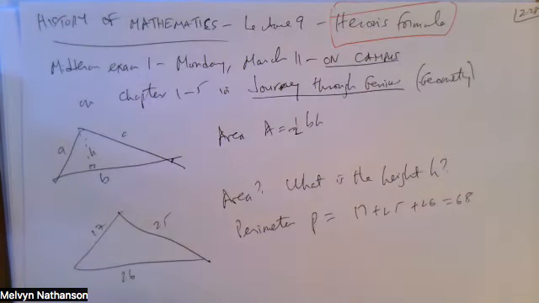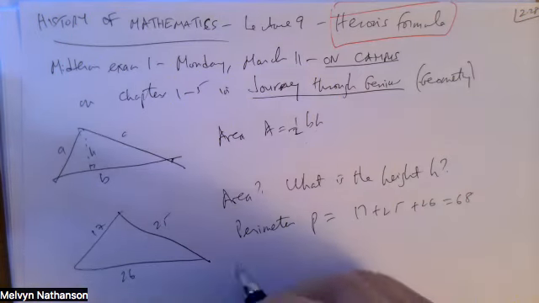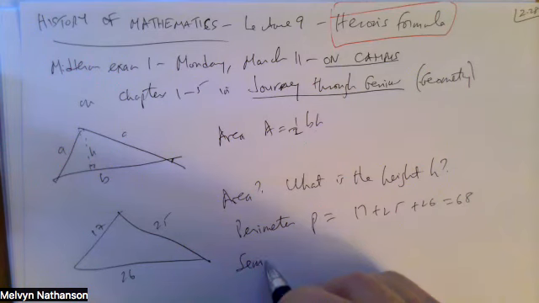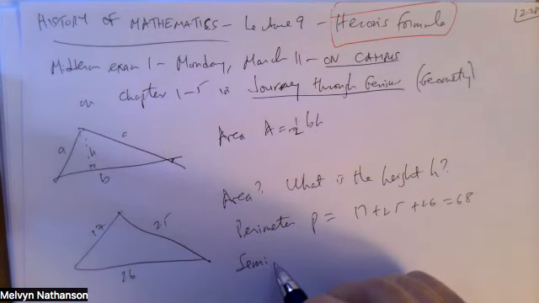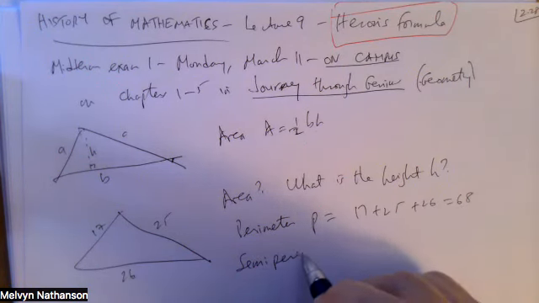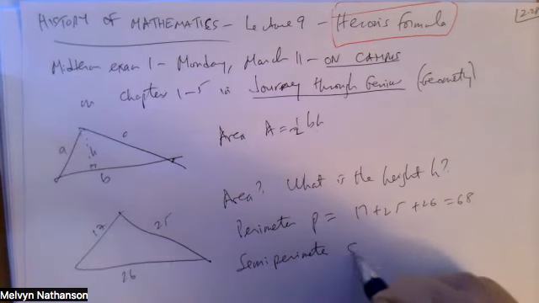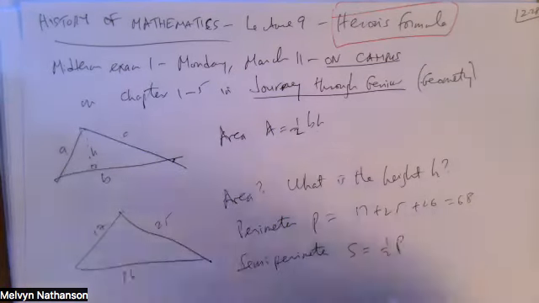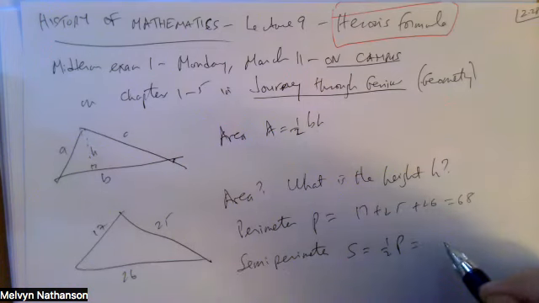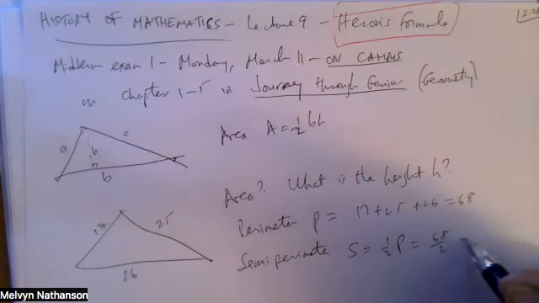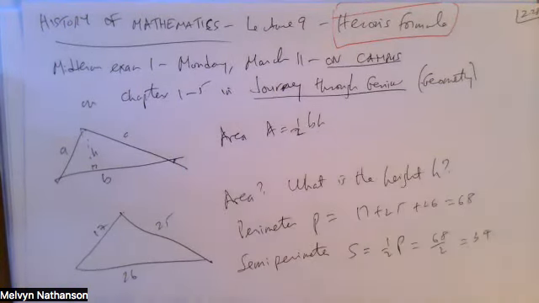And in Heron's formula, what one uses is not the perimeter, which is easy to calculate, but something almost as easy to calculate, which is called the semi-perimeter, S, which is half the perimeter. So this is 68 over 2, which is 34.